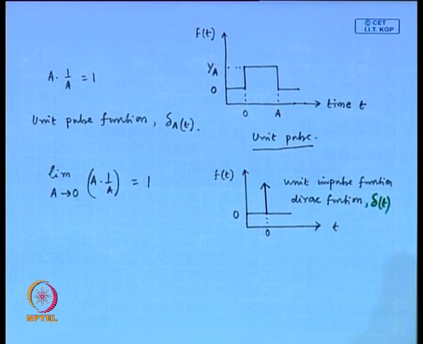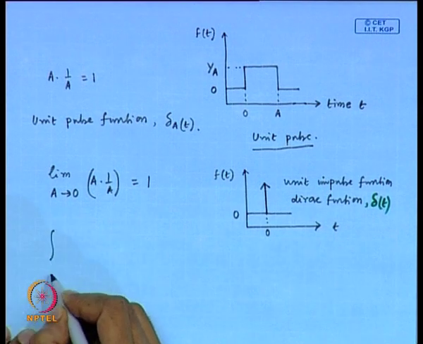So, what is the definition of this unit impulse function? It is defined as equal to 0 for all times except time t equals 0.